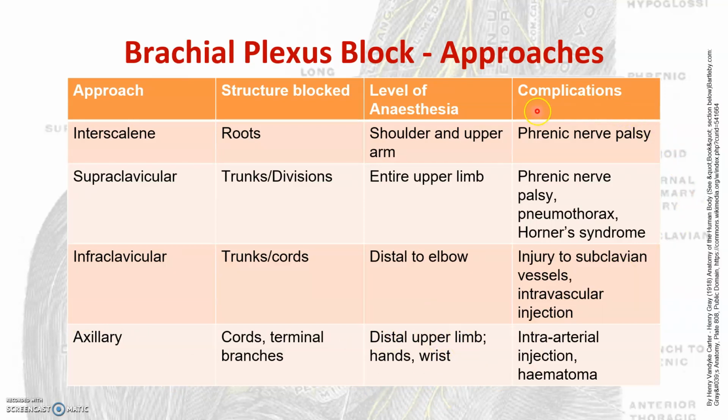For each approach, there are some specific complications. It's actually important that you understand these nerve blocks to some extent, particularly with regard to complications. So what I would advise is to pause the video here and have a proper look at this table.